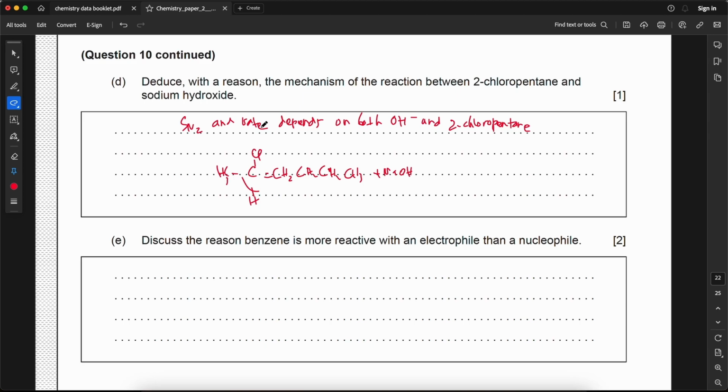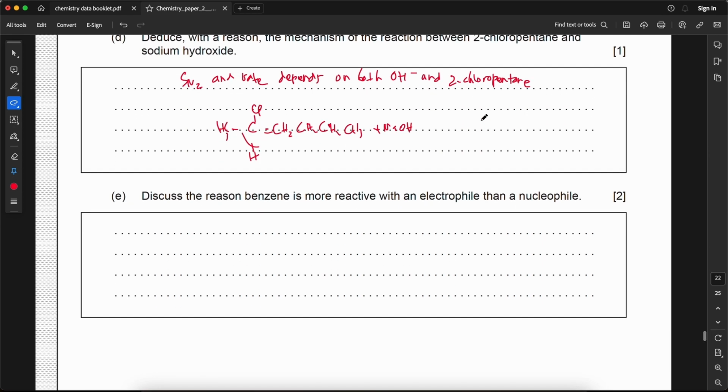If the solvent is polar aprotic, it is SN2. And as you know, this is SN2, and the rate is second order, where the nucleophile and halogenoalkane both affect the rate. Therefore, it depends on both OH minus and 2-chloropentane.